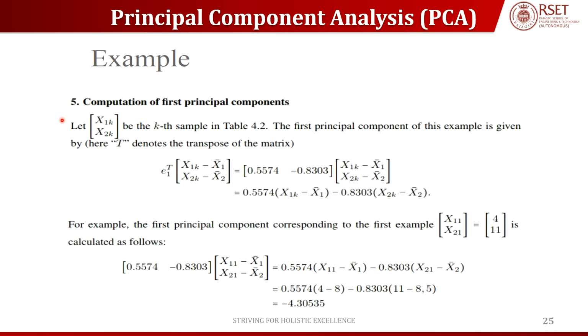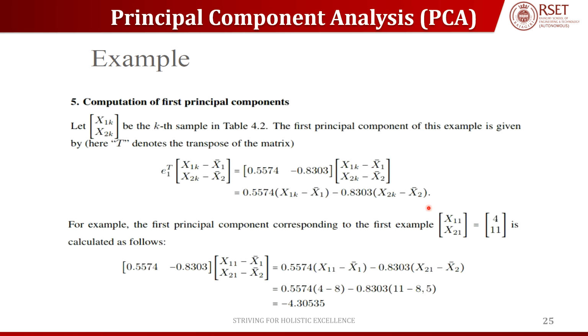Now next is to complete our task of reducing the dimension to 1. We must calculate the projection for all 4 of our examples. As we saw, the formula for the new one-dimensional value pk for any example k is pk equals 0.5574 times (x1k minus x1 bar) minus 0.8303 times (x2k minus 8.5).